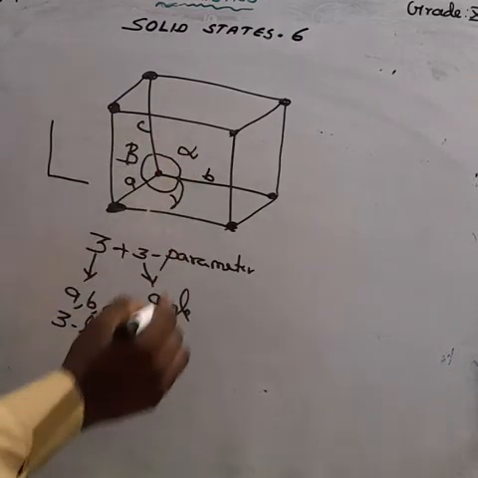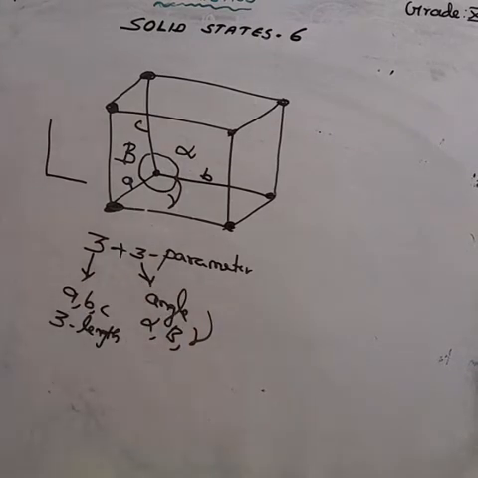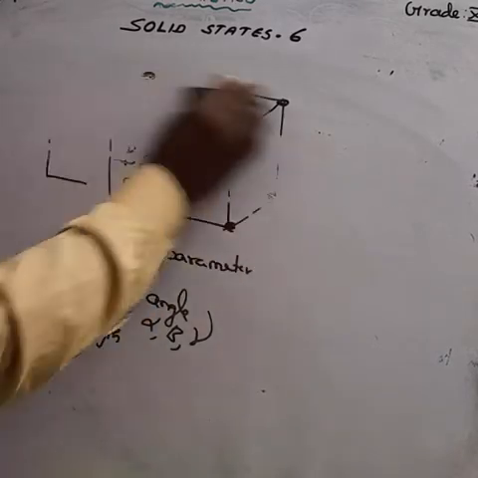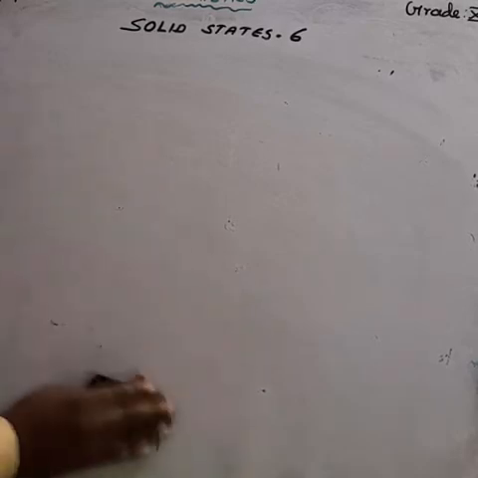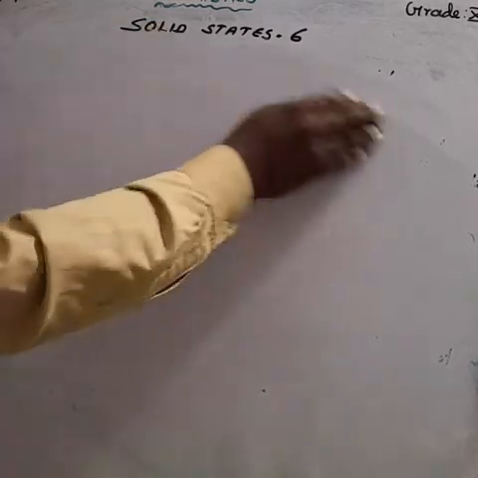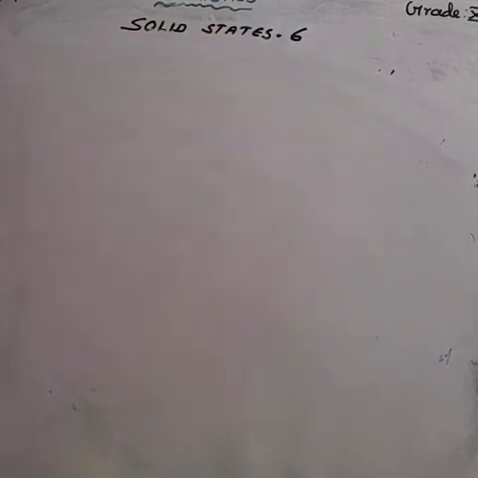Angle means alpha, beta, gamma. The unit cell is characterized by 3 edge lengths, otherwise we can say lattice constants, that is A, B, C. Here the angles between the edges are alpha, beta and gamma.